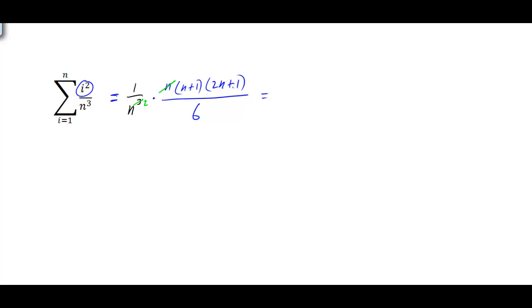And then if we FOIL the top, we're going to end up with 2n squared plus 1n plus 2n, which becomes 3n, and then 1 times 1 is 1. And this is all over the 6, but we still have the n squared, so this is all over 6n squared.